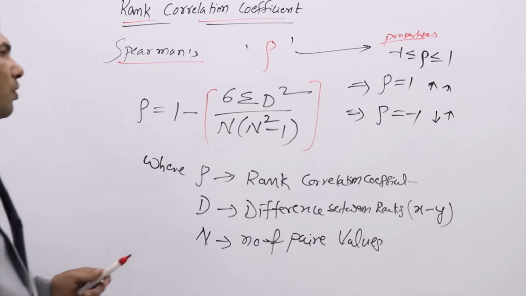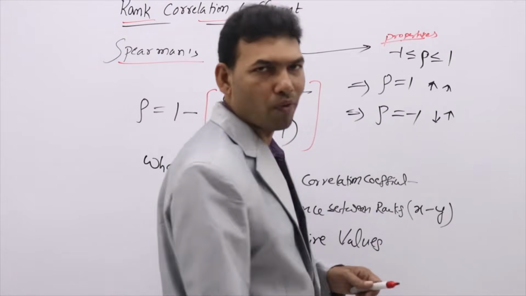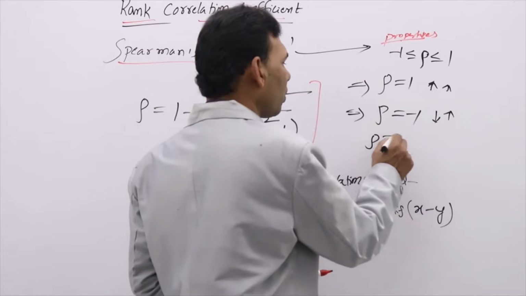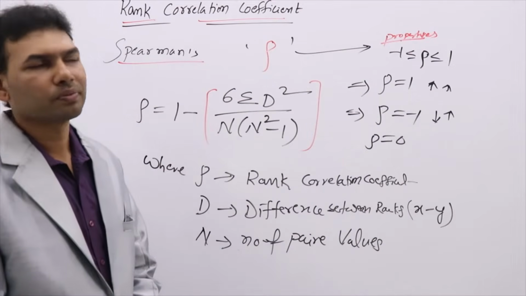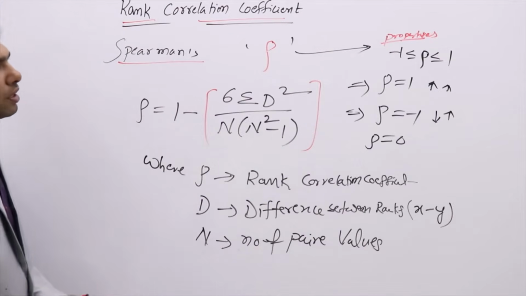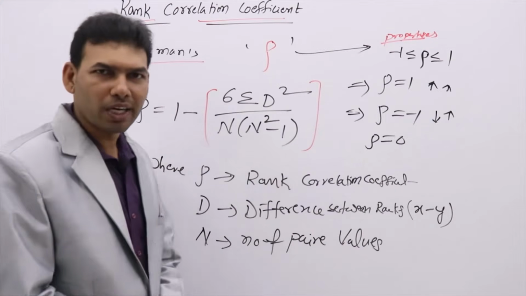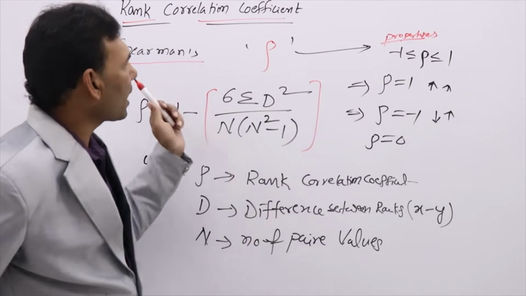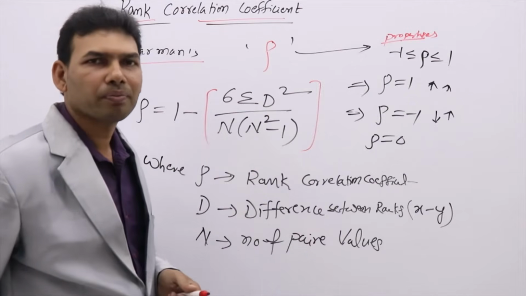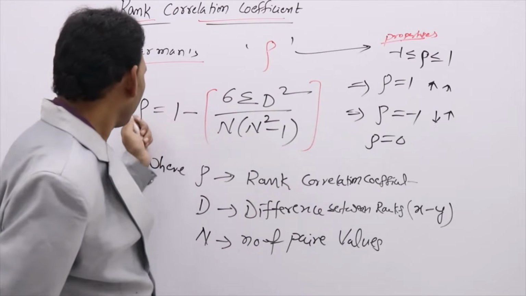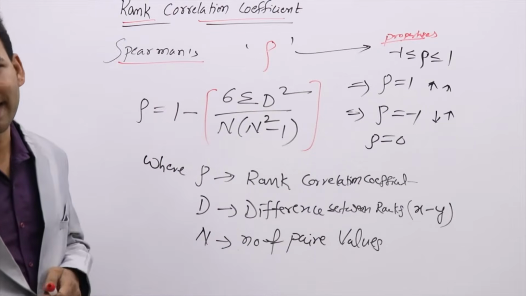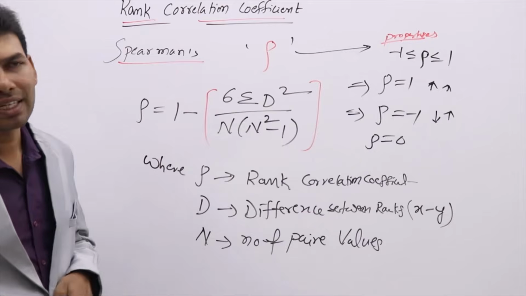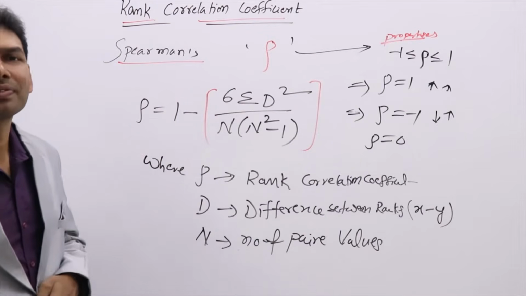If rho is 0, there is no relation between the two ranks. Rho is called the rank correlation coefficient. It evaluates the coefficient of correlation using ranks.